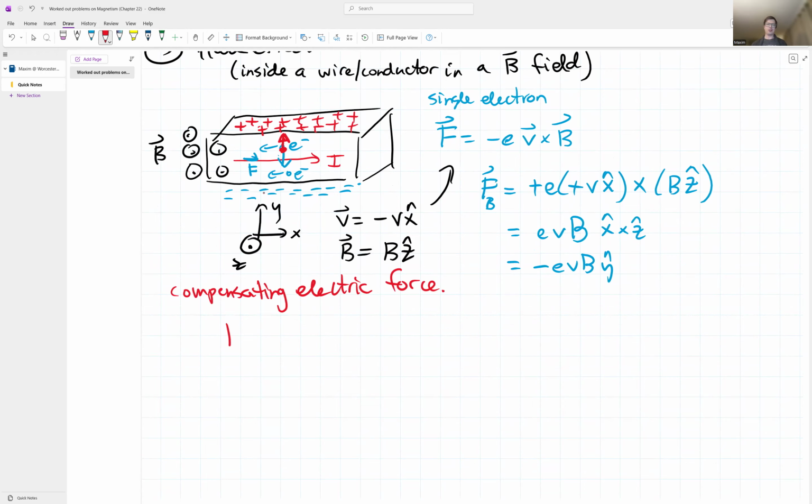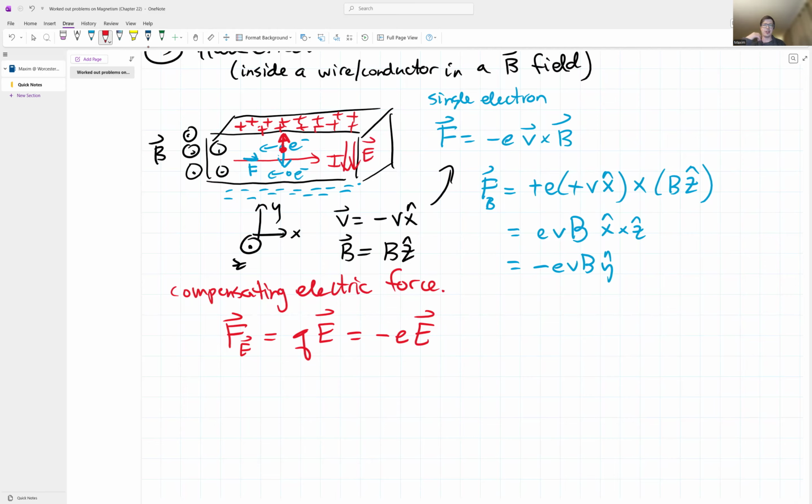And what is that force? It's the force from the electric field. Well, it's just the charge that we have times the electric field that's created by the charges. So for the electron, it's minus e times the electric field. Well, what kind of electric field do we have? The electric field, remember, goes from positive to negative. The electric field is this way, right?